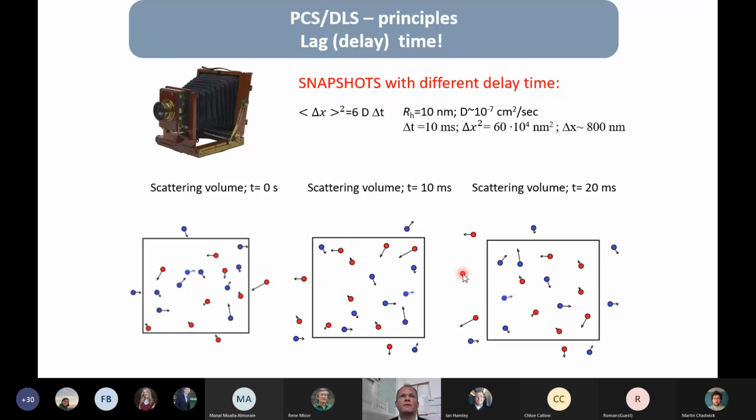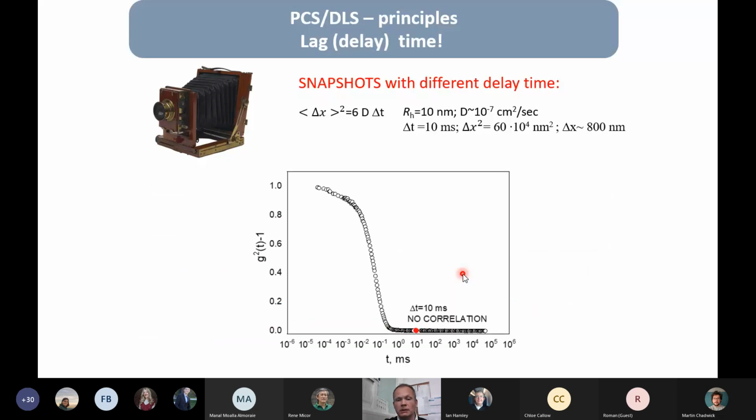So the number of proteins in the next snapshot will be almost uncertain, and the probability to predict this number is almost zero, right? So for such long lag times, such long delay time, we will have no correlation.